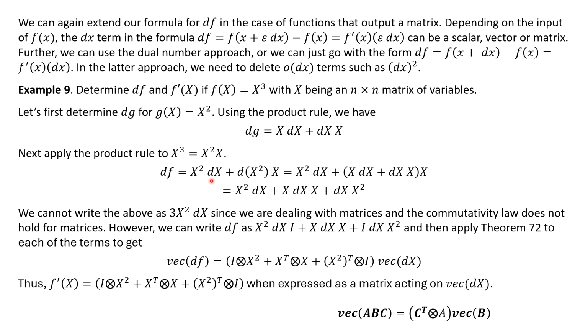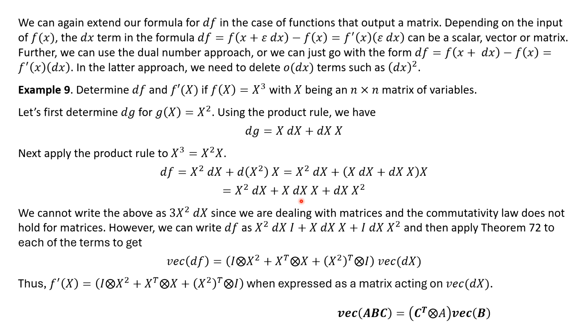We get x squared times the differential dx plus the differential of x squared, which we've computed up here, times x. We just carry the first term over, and then we substitute this in for dx squared, multiply by x on the right, and we get this. So that's our differential for x cubed.